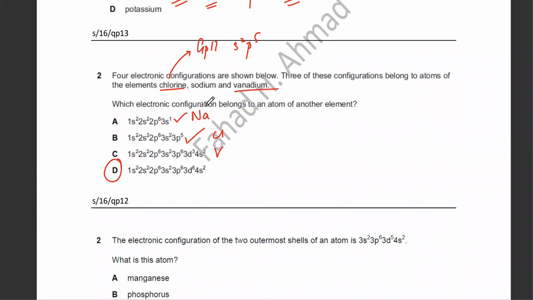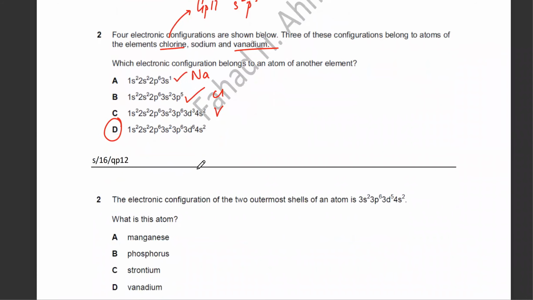So make sure you know how to quickly tell what the electronic configuration is. Sodium is group 1, so that's s1. Chlorine is group 17, so that's s2 and p5. Vanadium is a transition metal, so you start with calcium, which is 4s2, and then it's going to be 3d1, 2, and then 3. So the only one left is this D.